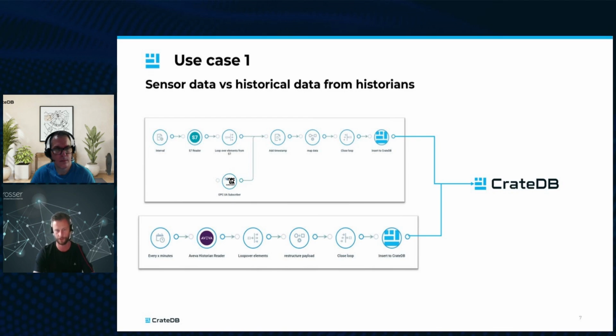So this is based on an interval. I think it's every 50 minutes in that use case. We fetch the historical information and send this to Crate as well, so that you then have on the CrateDB level a possibility to compare the sensor data that you just got in from the current production steps with previous data from the historian system. And this is then something that you can analyze in CrateDB quite well and detect anomalies, drifts, and exceeded thresholds and all that stuff.